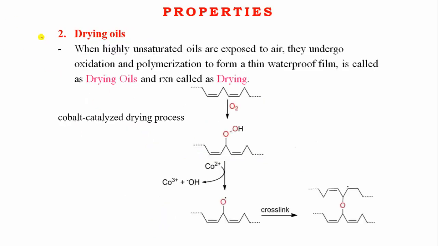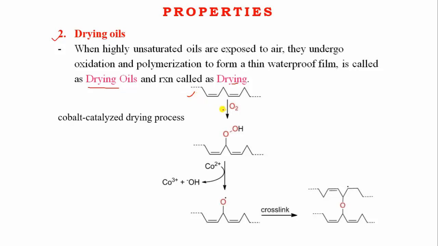Now next is drying oils. When highly unsaturated oils are exposed to air, they undergo oxidation and polymerization to form a thin waterproof film. These are called drying oils, and the reaction is called drying.